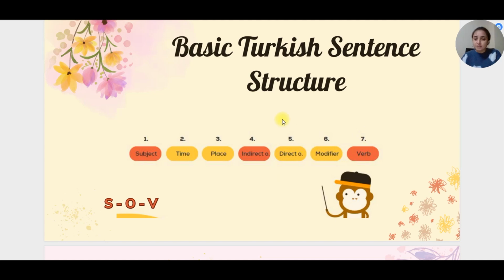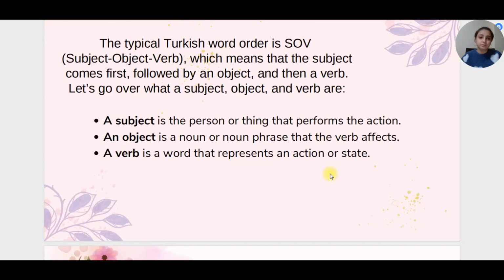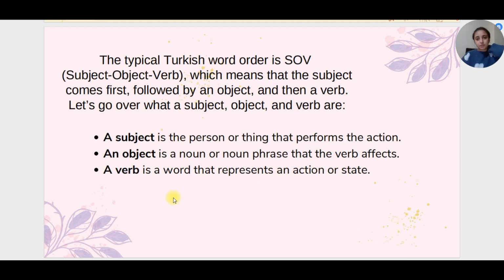And modifiers we have are related to adverbs. And the verb will be at the end. This is the basic Turkish sentence structure. Let's continue. The typical Turkish word order is SOV, which means that the subject comes first, followed by an object, and then a verb.